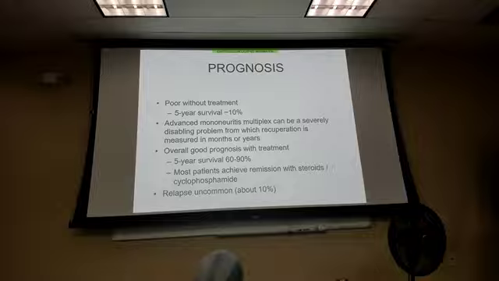So that same 5-year survival, if we're treating it, is 60 up to 90%. Most patients achieve remission with steroids and cyclophosphamide. Relapse is uncommon, so let's treat it right and then we are good to go.